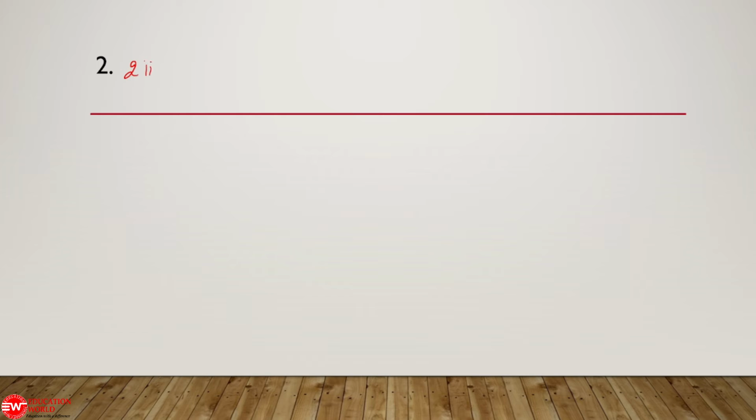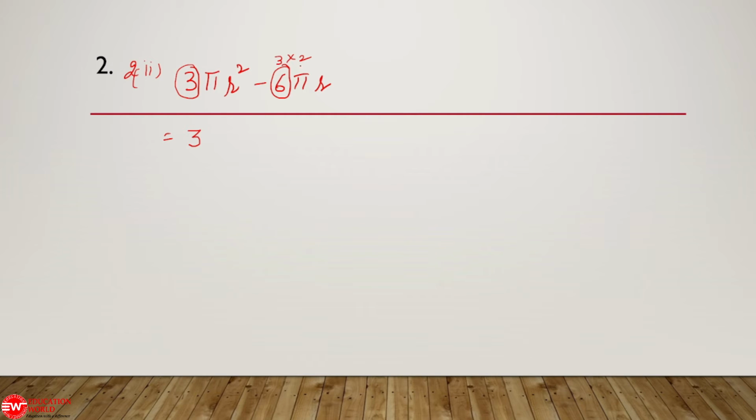Second question, second part. So what is written? 3 pi r square minus 6 pi r. So here 3 is common. In the first term, it is 3 into 2. So in numerics, 3 is common.